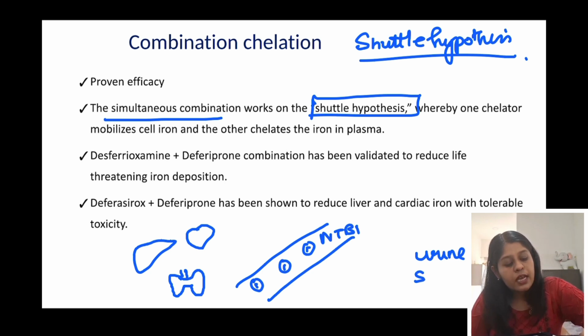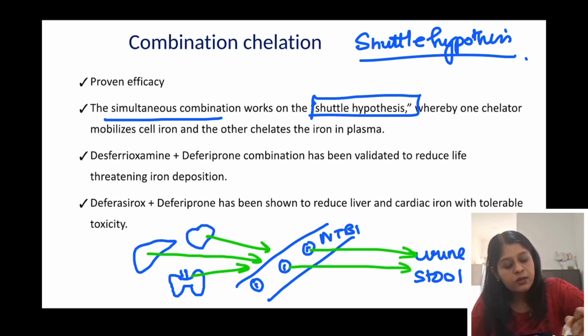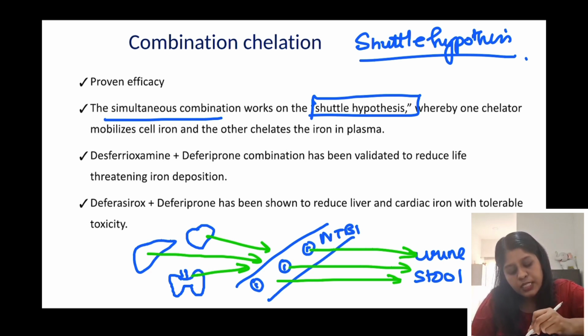So one medication will mobilize all the iron to the blood. One will bind to all the mobilized iron and put it back in the urine. So this is called the shuttle hypothesis. Desferrioxamine and deferiprone combination has been validated to reduce the life-threatening iron deposition.